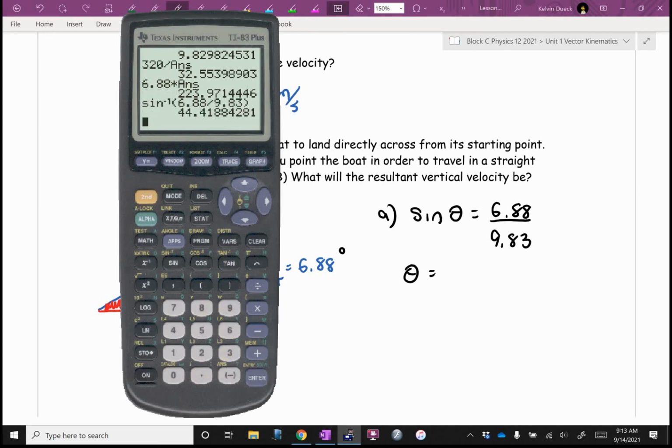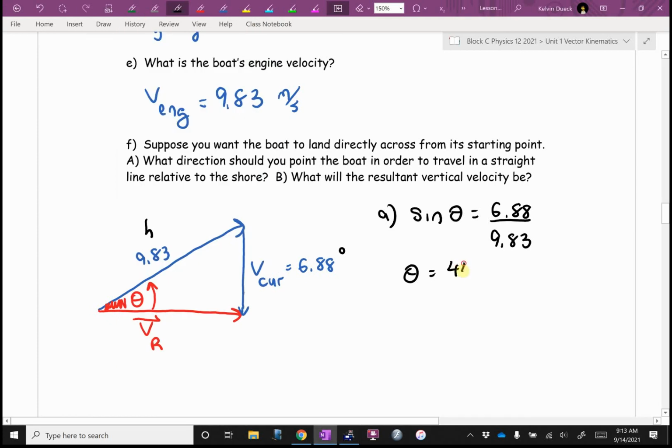And I get 44.4. North of south, east of west, what of what? That's got to be north of east, looking at my picture, right? Yeah, I got to point to the north to cancel out the current pushing me south.